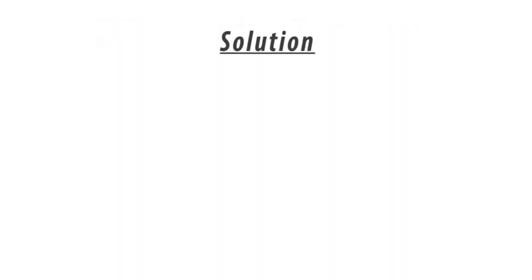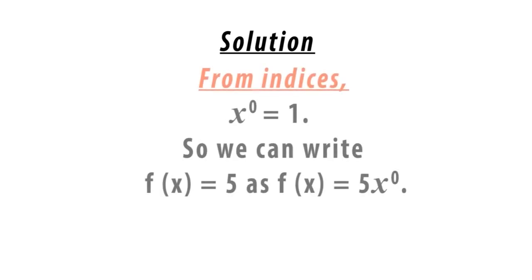Now I want us to look at how we can differentiate a constant term. So let's take example 5. Differentiate f of x is equal to 5. Let's see the solution. In differentiation, it is important to recall your ideas on indices. So from indices, we are aware that x exponent 0 is equal to 1.